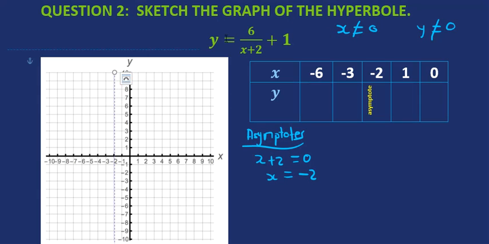And the y asymptote is easy. The y asymptote is basically the vertical shift. In this case, the vertical shift is just 1. So that means the y asymptote will be 1. We just get it from the constant, the vertical shift, so we put another dotted line at y equals 1.